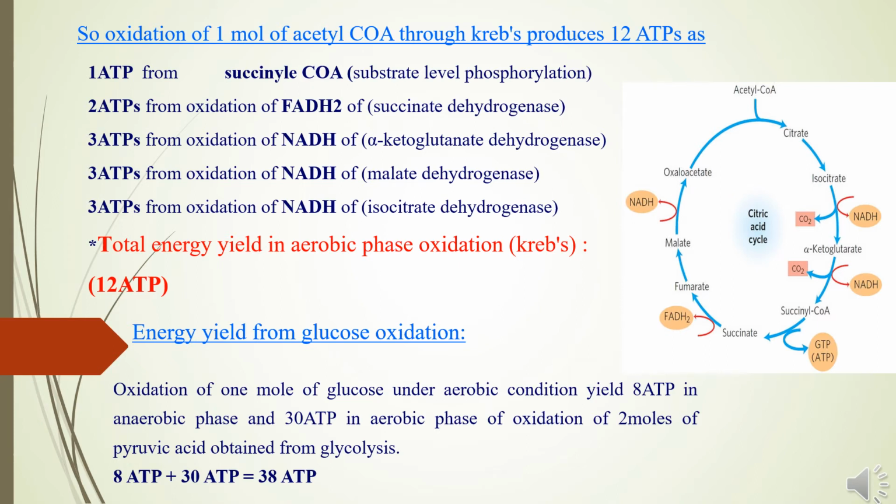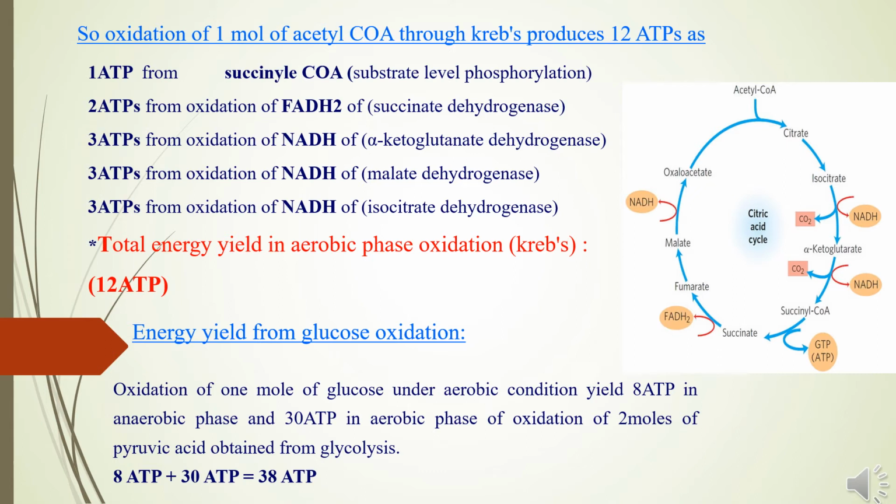Regarding the calculation of the energy produced from oxidation of 1 glucose molecule under aerobic conditions, glucose oxidation yields 8 ATP molecules in the anaerobic phase of oxidation and 30 ATP molecules in the aerobic phase of oxidation of 2 moles of pyruvate, which are obtained from glycolysis.